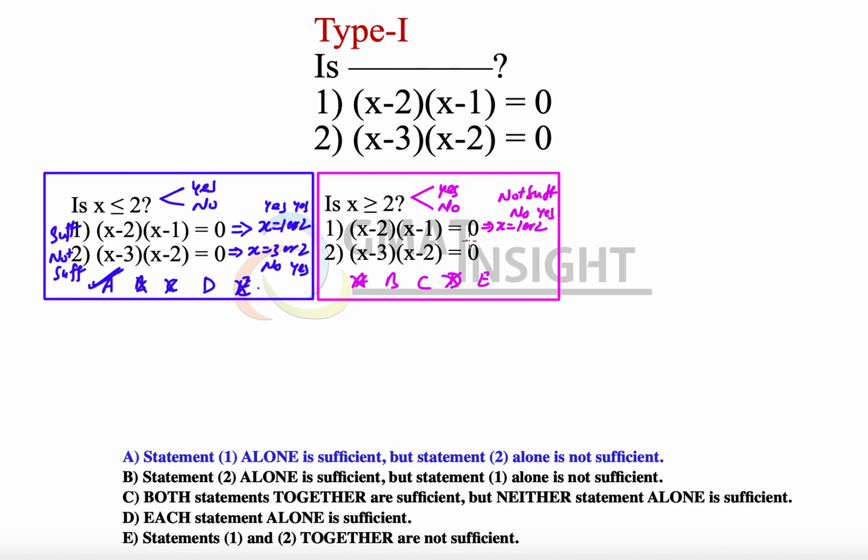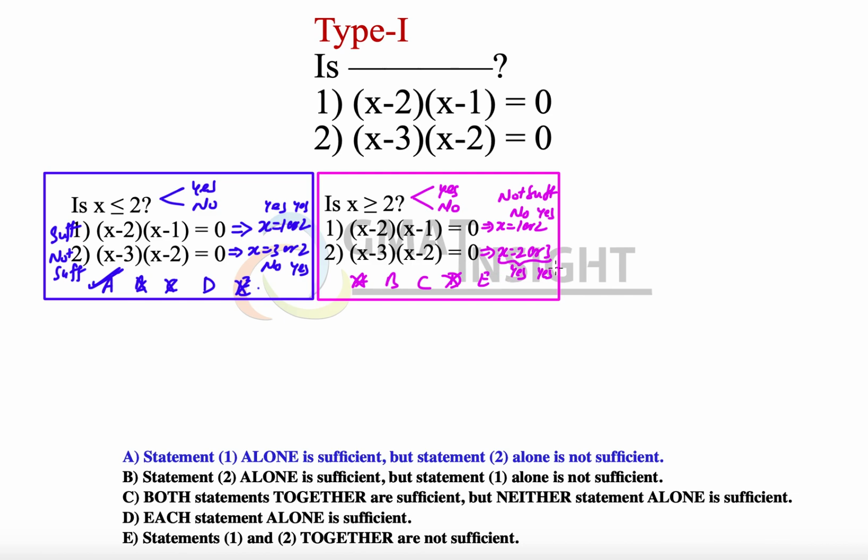Now let's check the second statement, which says that x is either 2 or 3, because either x minus 3 equals 0 or x minus 2 equals 0. Whether we choose x equal to 2 or 3, do they satisfy the range? Is x greater than or equal to 2? 2 says yes, and 3 also says yes because it is greater than 2.